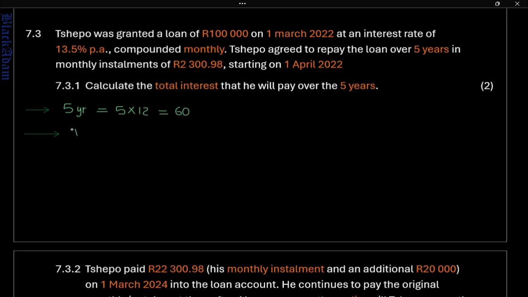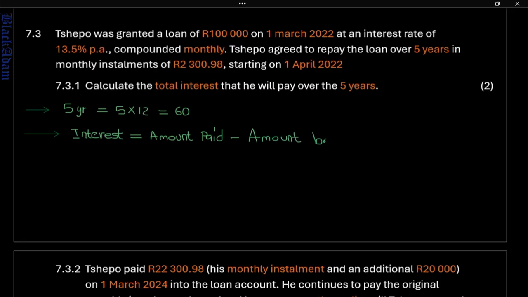We know that interest is an amount of money, not the interest rate. Interest rate is a percentage; interest is an amount of money. So that is the amount paid minus the amount borrowed.